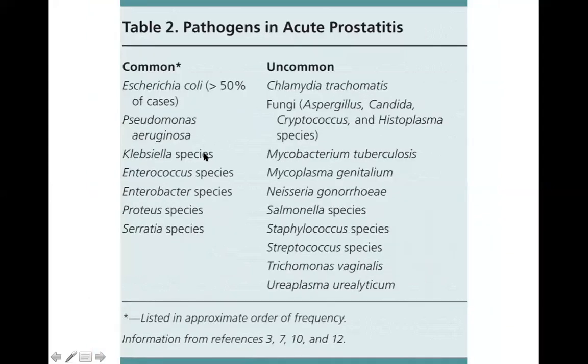And the organisms, commonly it is E. coli, as in simple cystitis, but you can also think of other organisms, and sometimes you can get uncommon organisms such as sexually transmitted organisms like Neisseria gonorrhoeae, Mycoplasma genitalium, Chlamydia trachomatis, and infections which can cause urethritis can also be associated with prostatitis.